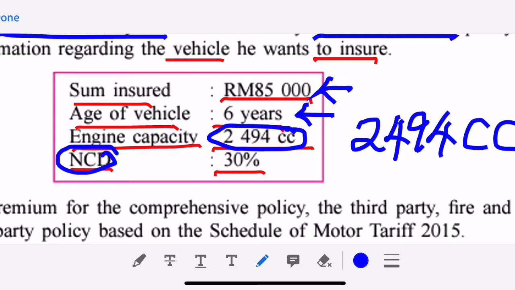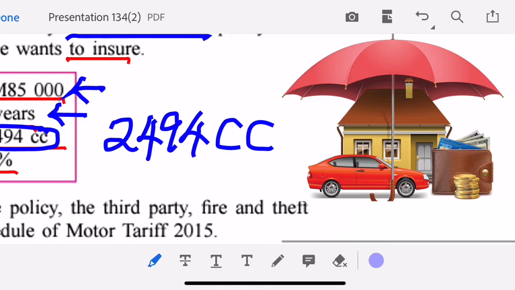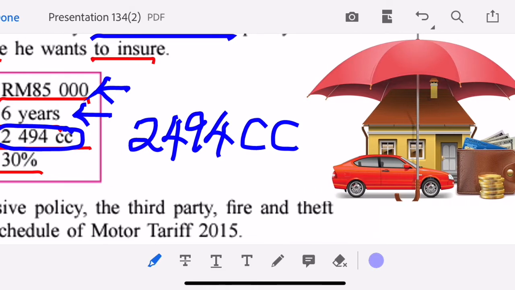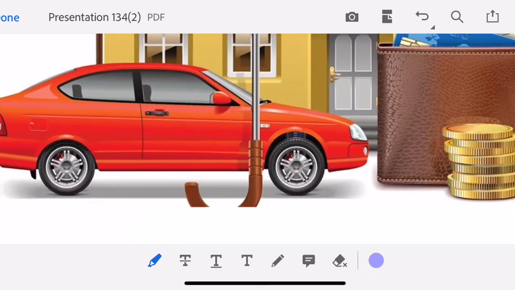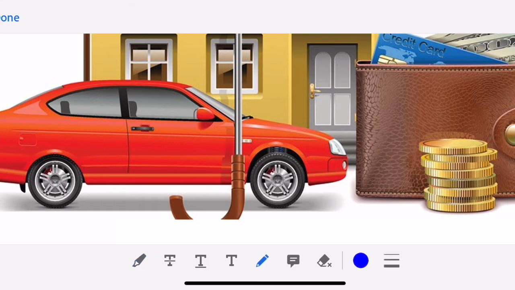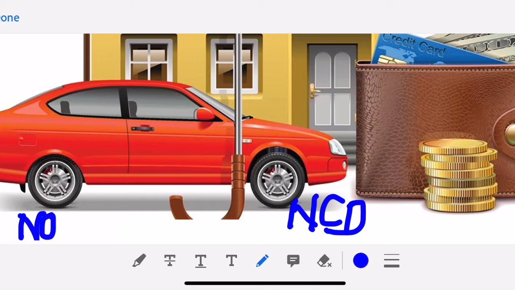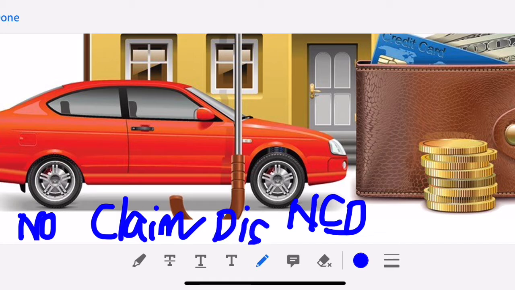Now what is NCD? Let's brief about the NCD. For car insurance, we have the so-called NCD, right? N means no, C means claim, and D means discount.